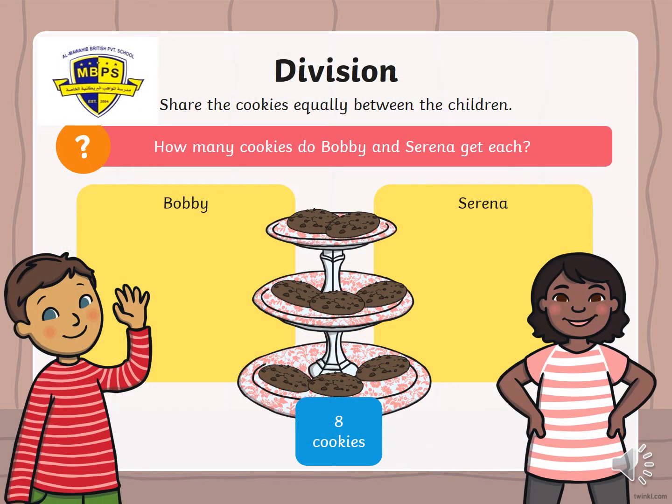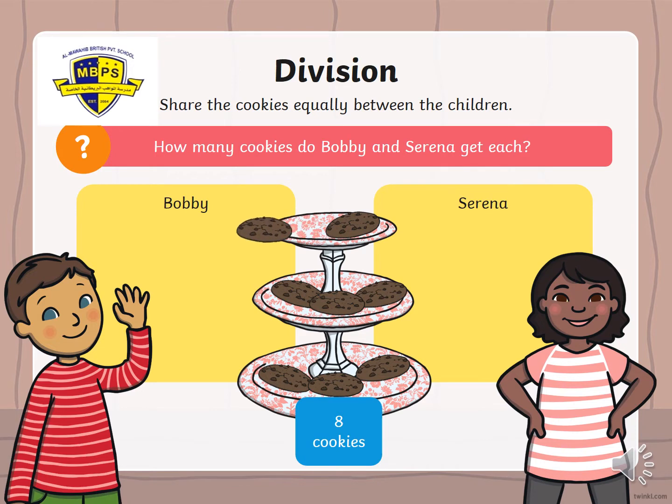Let me remind you how we can share equally. I have 2 children, as you can see in the picture. I will start to share the cookies equally between the children. I have 8 cookies and I have to share them equally between the children. Do you remember how we share equally?